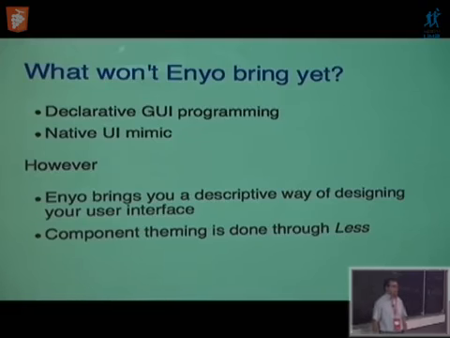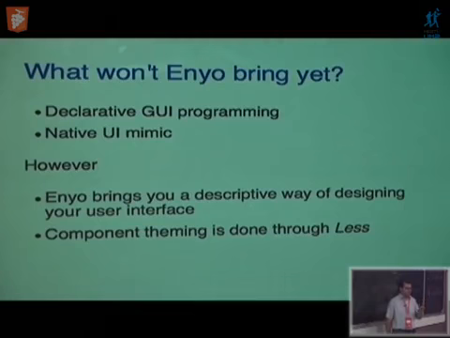That means you don't have a theme for iOS, a theme for Android, etc., just like you would with Dojo Mobile. However, it will bring you a direct way of designing your user interface, and just as in Dojo, LESS is used here for theming, so you can theme the application for the needs of your graphical requirements.